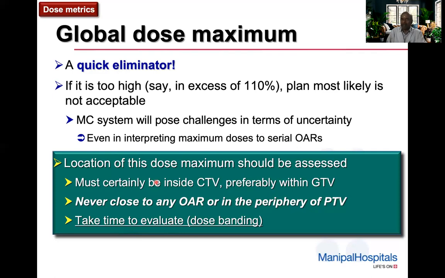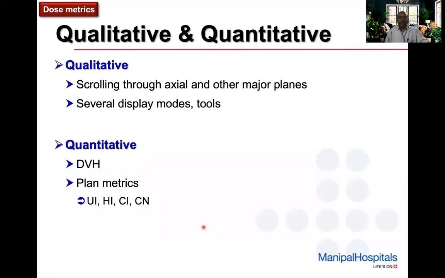Take time to evaluate this global dose maximum, perhaps by using different tools like dose banding, and find out where it is located. Dose metrics have two aspects, a qualitative aspect and a quantitative aspect.